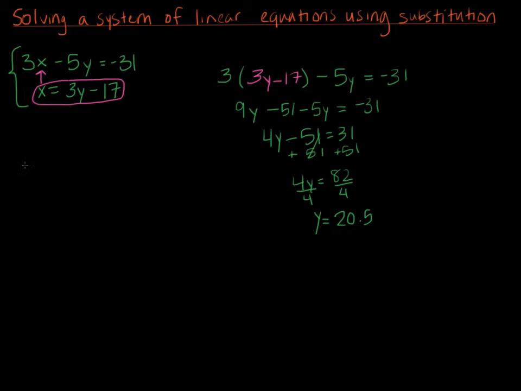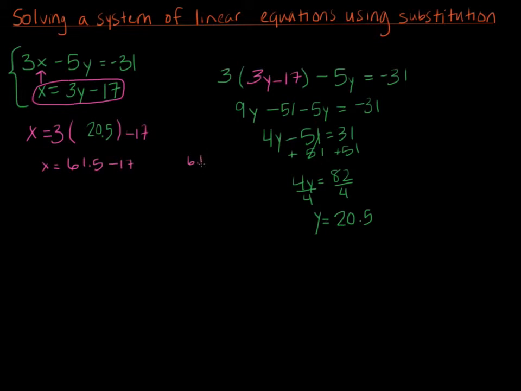So x equals 3 times y, which is 20.5, minus 17, which is going to be 61.5 minus 17.